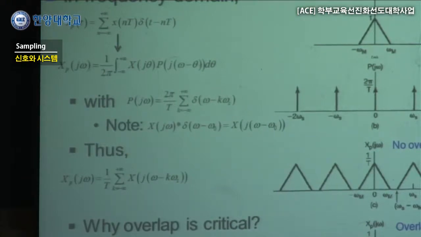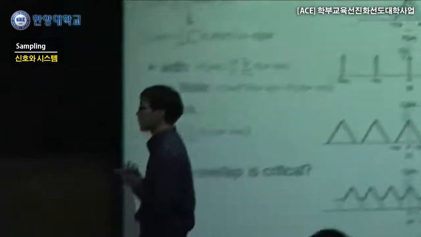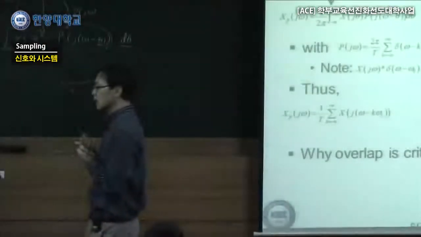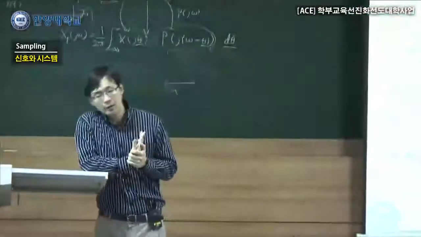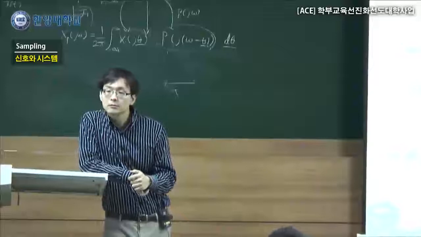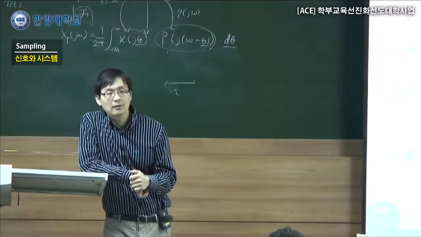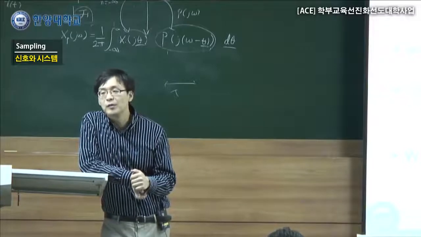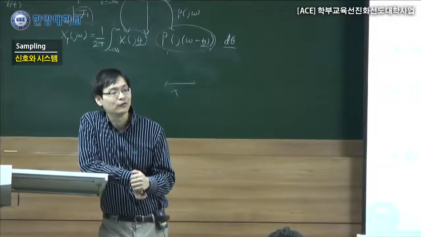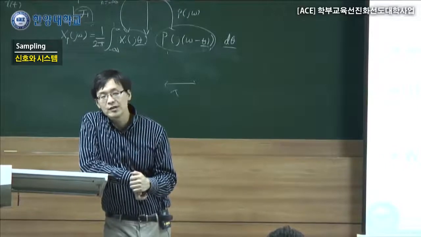So, continuous time Fourier transform, they are not periodic in time. Are they periodic or non-periodic in frequency? Nobody tried to make eye contact with me, I think. So, what about discrete time?